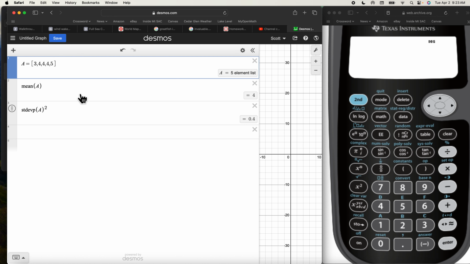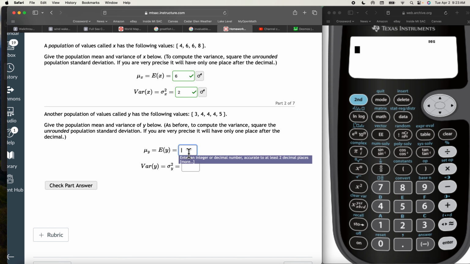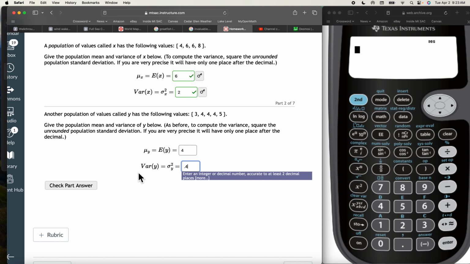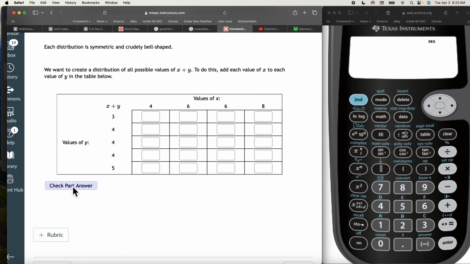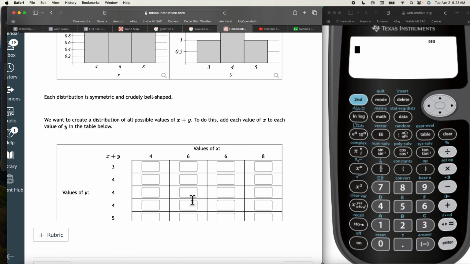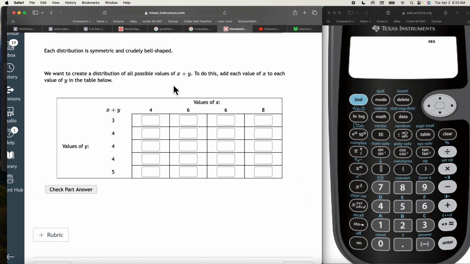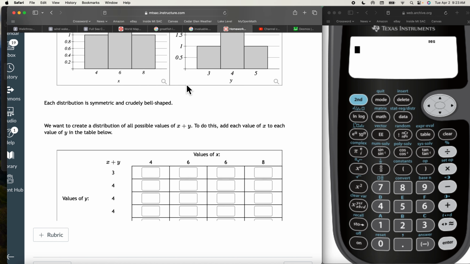You can see that the mean and the variance are just updated here. So the mean is 4 and the variance is 0.4. I think I can remember that. So 4 for the mean and 0.4 for the variance. Should be okay. All right, now we're going to do the X plus Y distribution here.